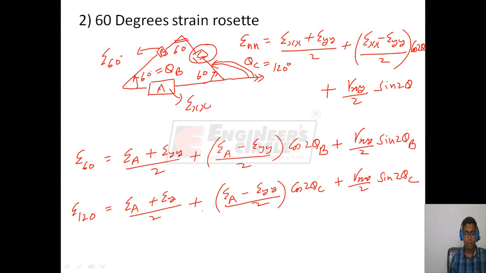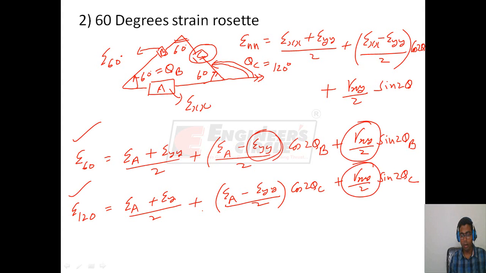So now we have two equations, this and this, and we have two variables, epsilon yy and gamma xy. Using these two equations we can find gamma xy and epsilon yy.